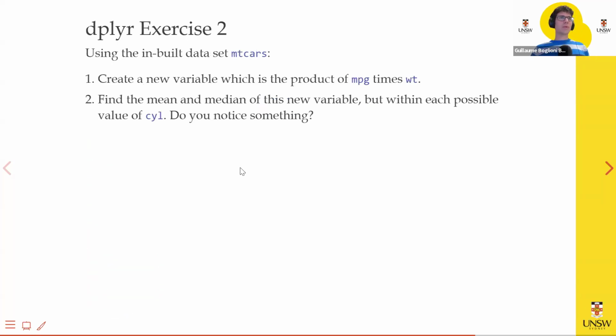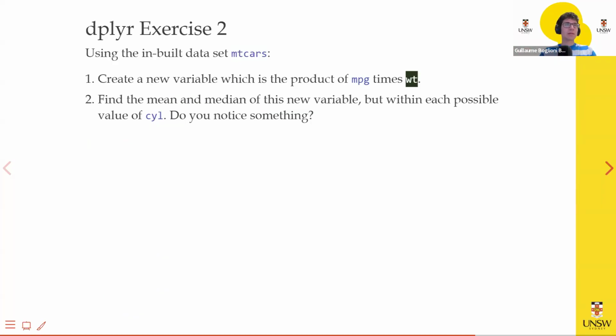Okay, another example. Hopefully this one should use the other functions. So this one, we're back to mtcars. Create a new variable which is the product of MPG times WT. So this should test your understanding of mutate, creating a new variable.